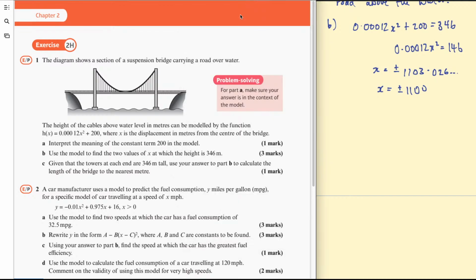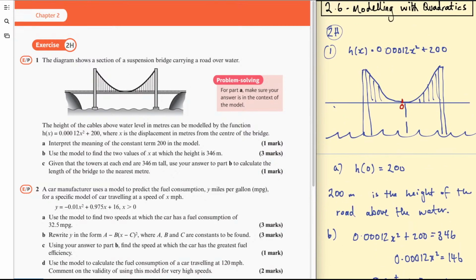And then it says, given that the towers at each end are 346 meters tall, use your answer to part B to calculate the length of the bridge to the nearest meter. Okay, so the height of 346 was significant because that's the height of the towers. Let's go back to our sketch again. My terrible sketch. That's the height of these towers, 346.